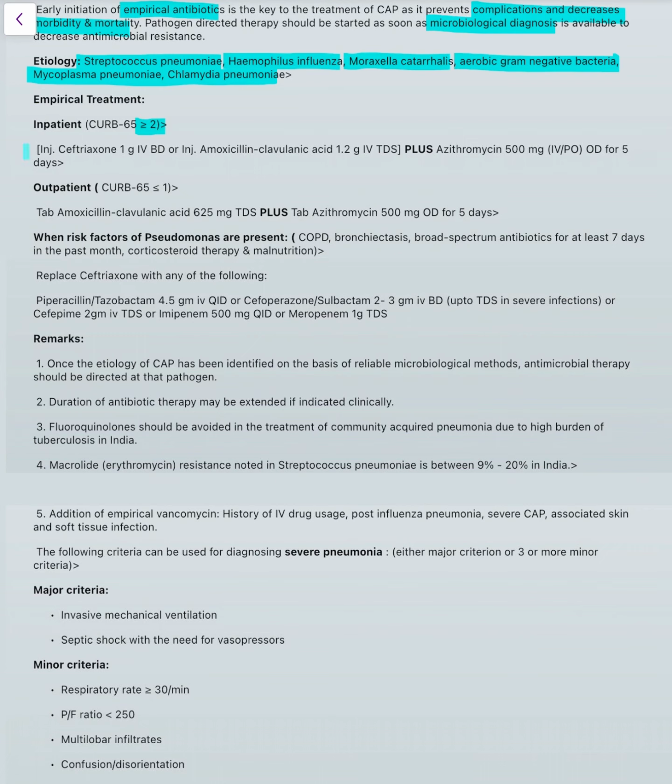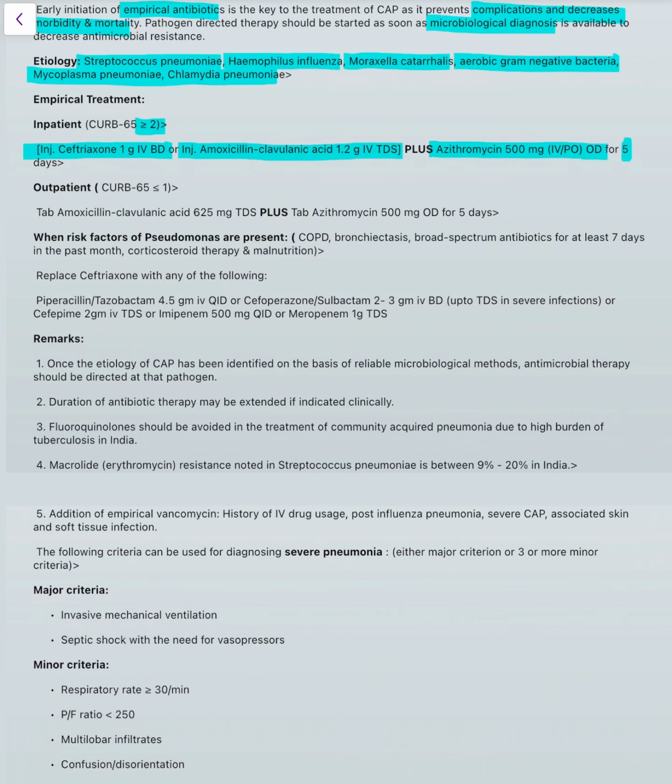You can give injection ceftriaxone 1 gram 2 times a day, or injection amoxicillin 1.2 gram 3 times a day IV. With either ceftriaxone or amoxicillin, you have to add azithromycin, IV or per oral tablets. The dose is 500 mg OD and the treatment is 5 days.